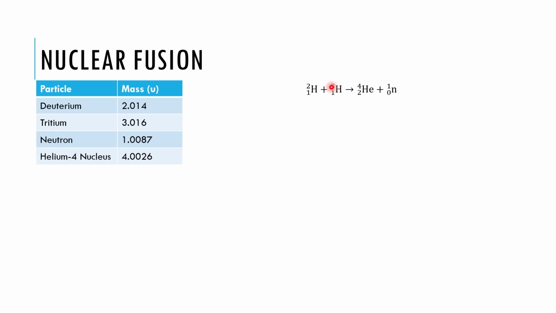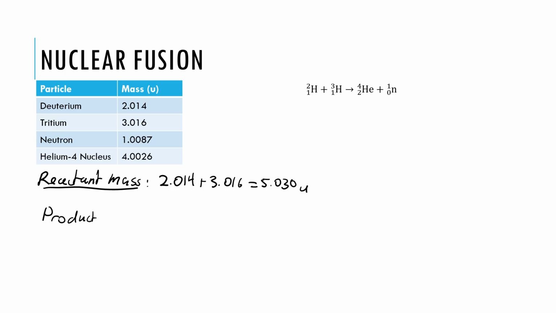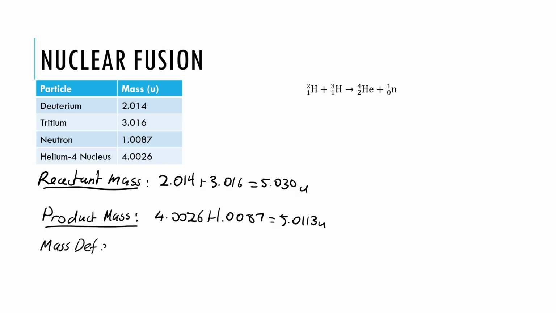So these are combining and they are forming a helium-4 nucleus, like we did in one of the previous examples. However, there is an extra subatomic particle here, an extra neutron, and that doesn't actually form a part of the final helium nucleus. Just like in the previous examples, we're going to have to account for the reactant mass and product mass, subtract the reactant mass from the product mass to determine the mass defect, and then convert to an energy using our E equals mc squared concepts.